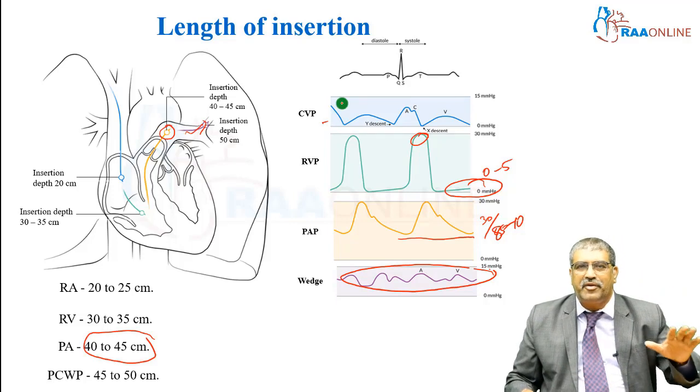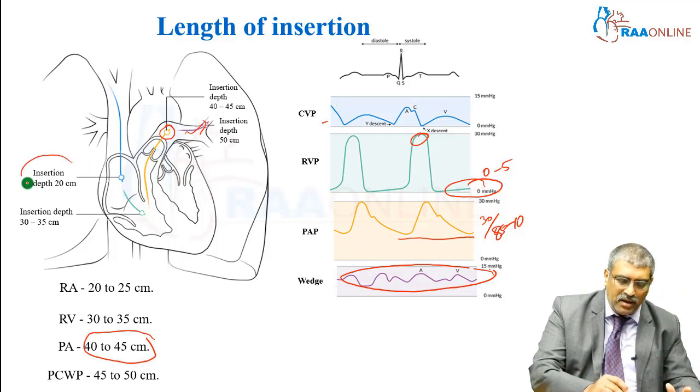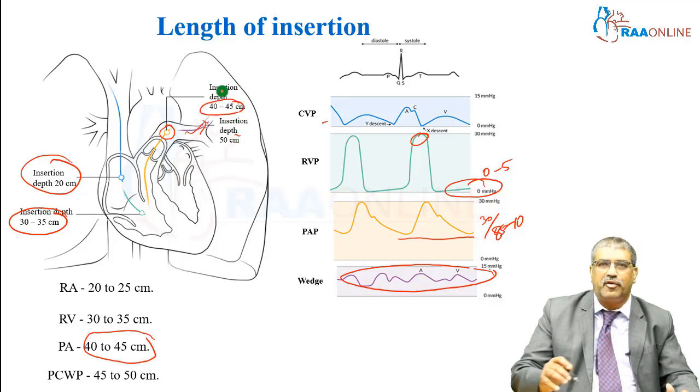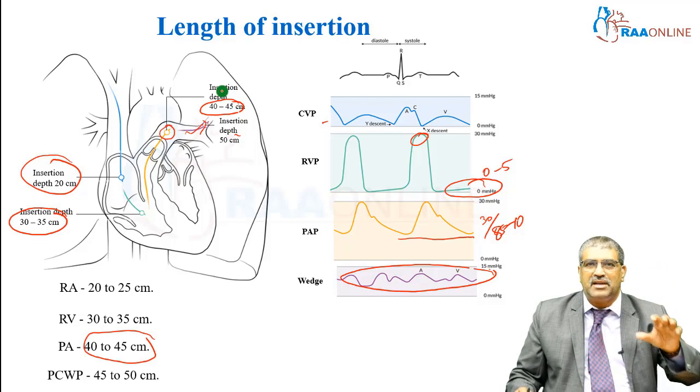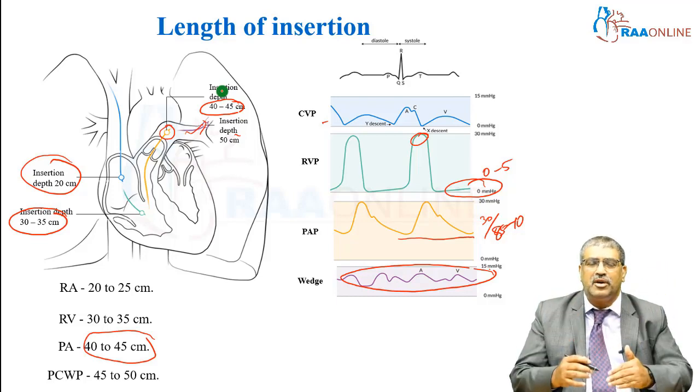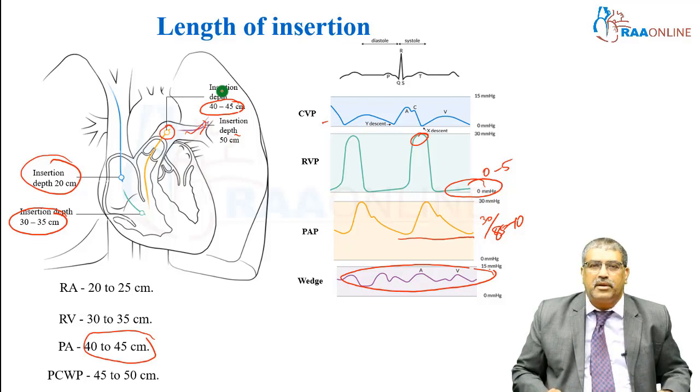This is the different length of insertion. Your RA 20 centimeter, RV 30 to 35 centimeter, your pulmonary artery 40 to 45 centimeter and wedge trace at 45 to 50 centimeter. In females, you have to reduce 5 centimeter.